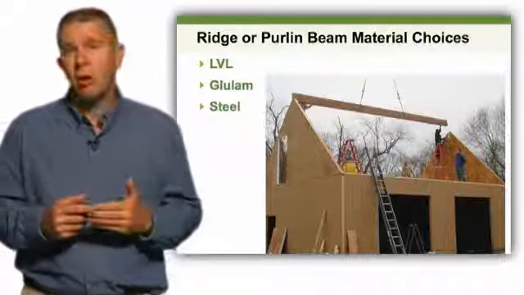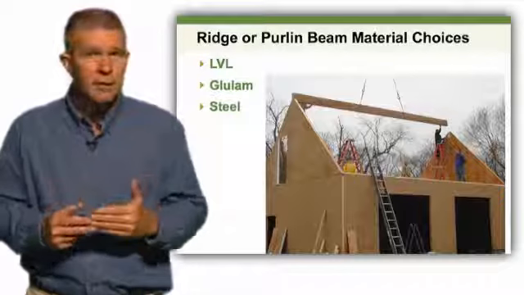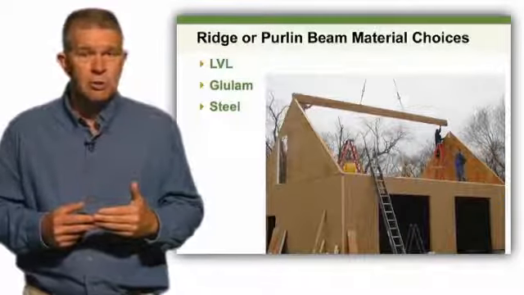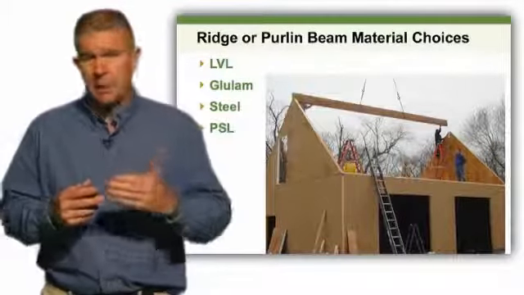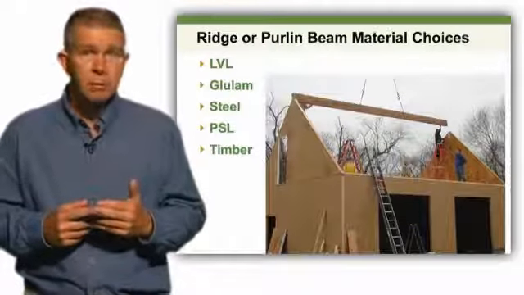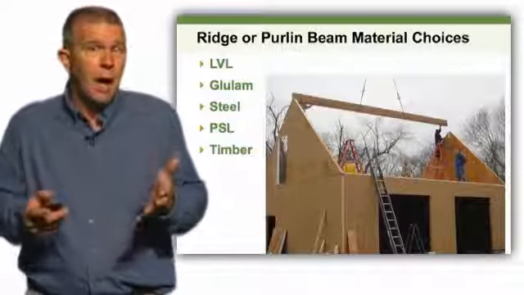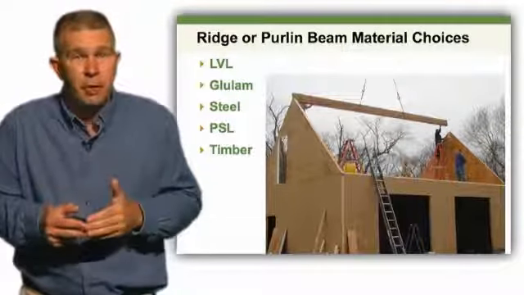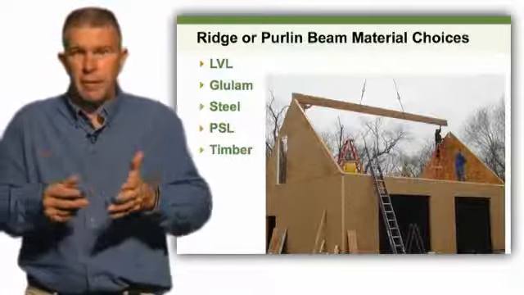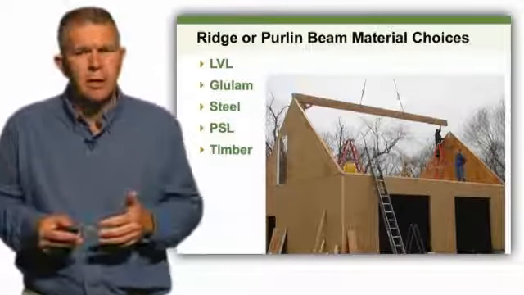It might be the most cost-effective way, or it might be, from an engineering standpoint, the only way that you can hold up a very, very large roof system. You may need to go to something like a PSL beam, or you may want to use timber because you're dealing with timber frame elements. And this is where you may incorporate a hybrid type system where a timber frame truss works very nicely in a dramatic great room area that holds your roof system up and also gives you that architectural feature that you like.